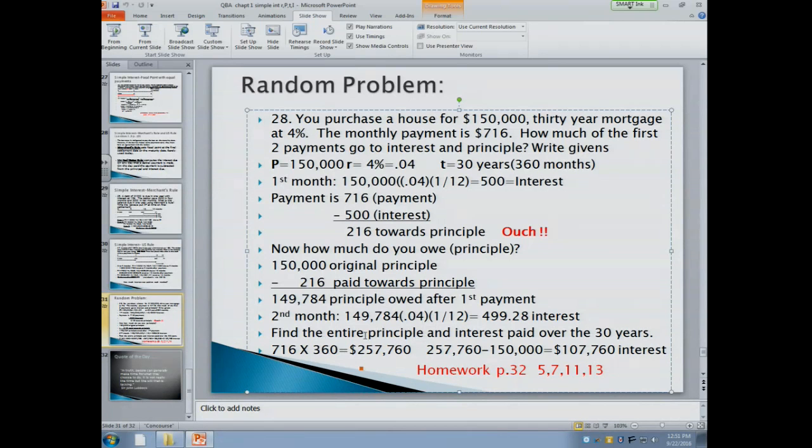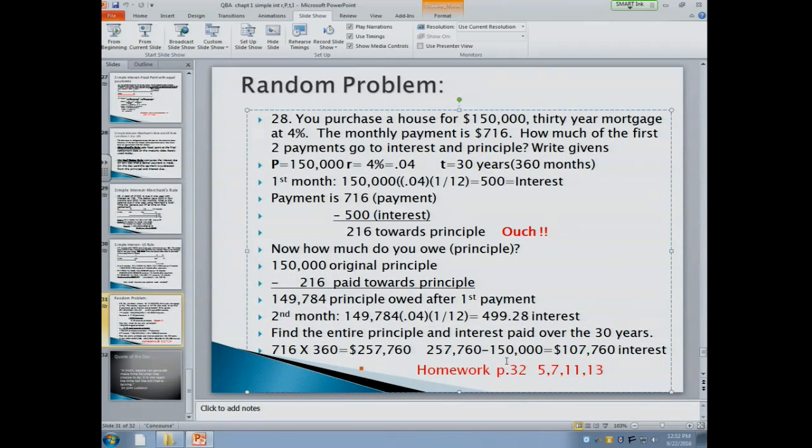So let's find the entire principal and interest paid over 30 years. We know we're paying $716 every month for 360 months. So we pay $257,760 out of our pocket over the 30 years.